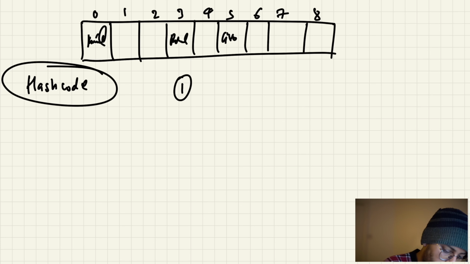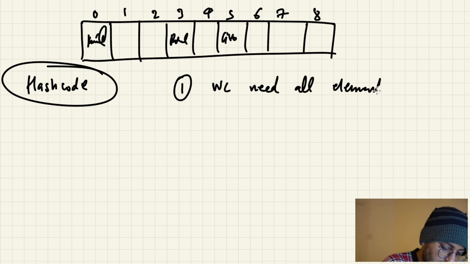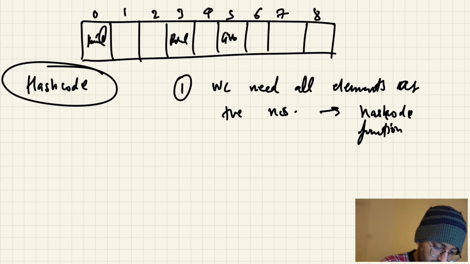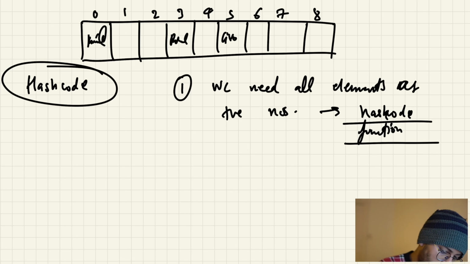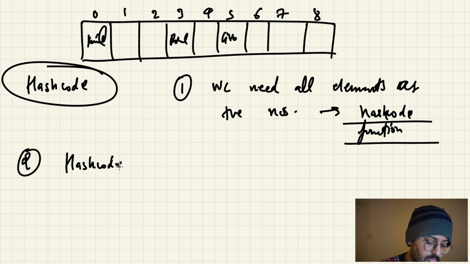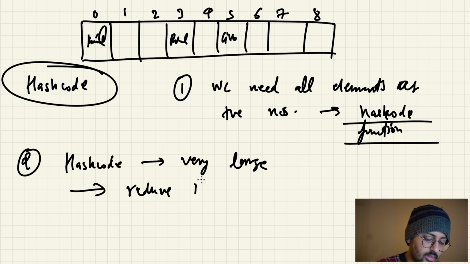So problem 1: we need all elements as positive numbers. We use the hash code function. I'll show you in just a minute. I know it's confusing, so don't worry, I will explain it in more detail. Bear with me for 5 minutes. The second problem is that the hash code I get can be very large. So the idea is to reduce it.